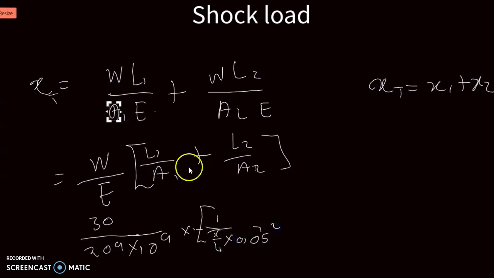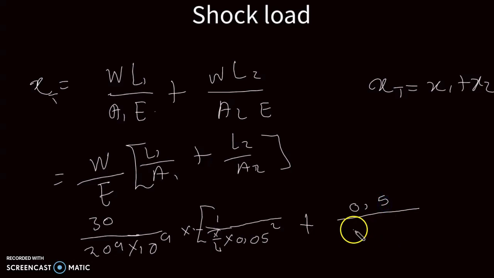Plus, then we say length number 2, 0.5 divided by pi divided by 4 times 0.03 squared, close bracket.